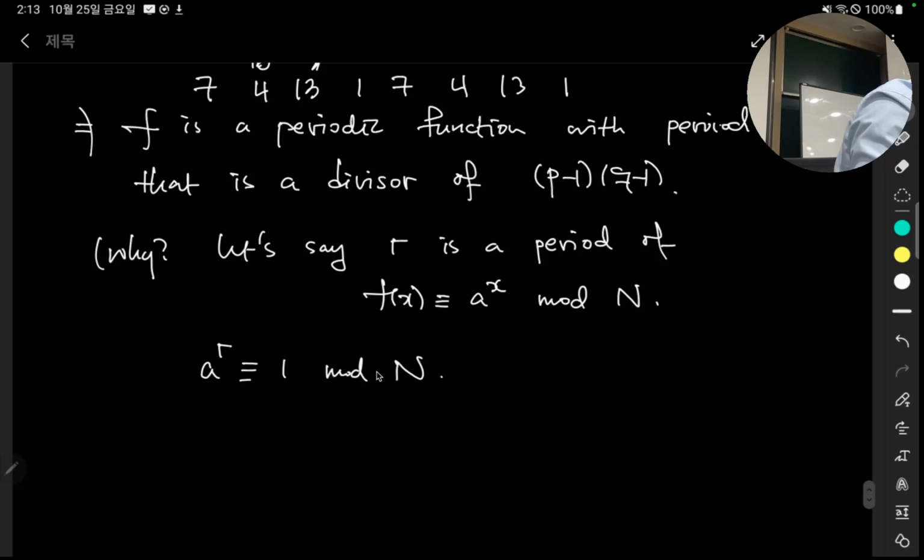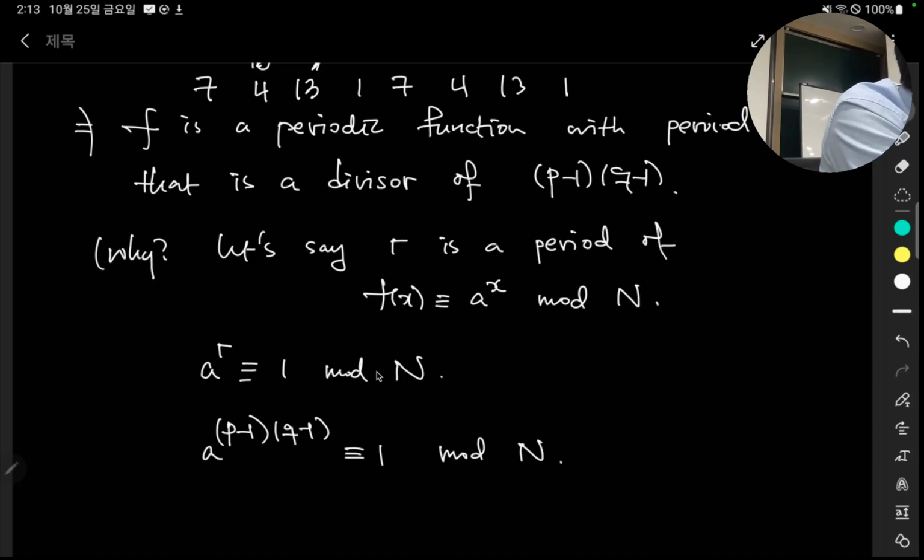And let's see. What you know is this is always 1 modulo n. And this is the largest exponent that you can get when you take that exponent to a number a so that you get 1.